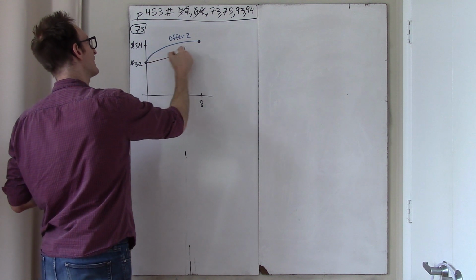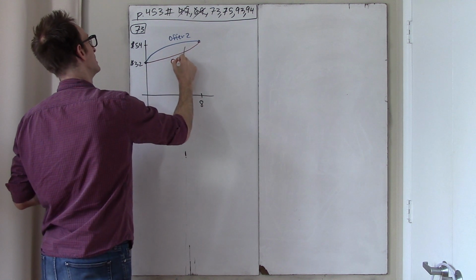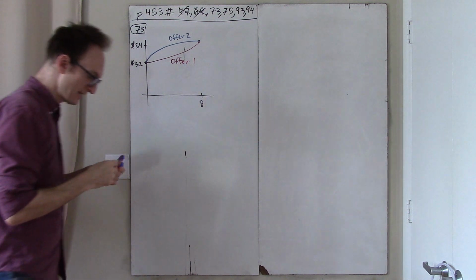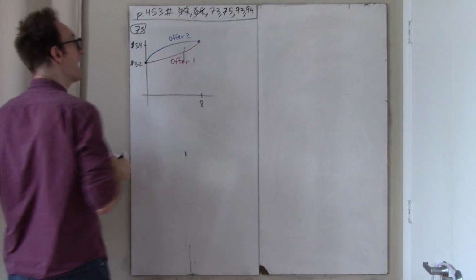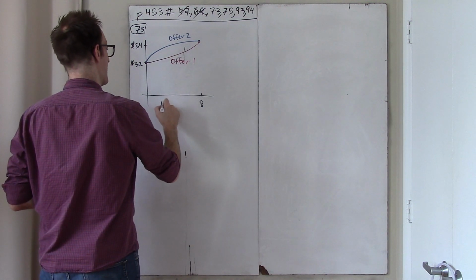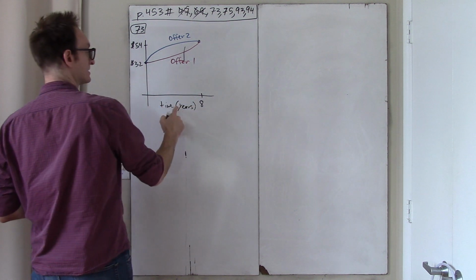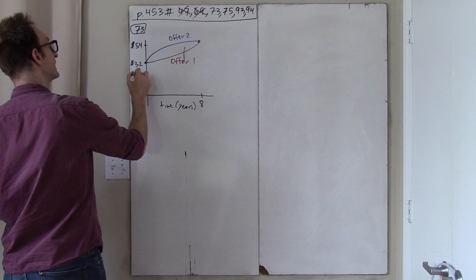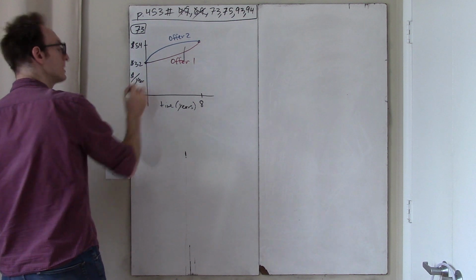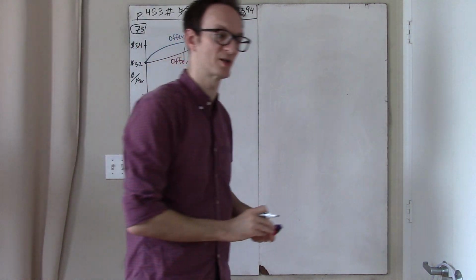And what are we actually looking at? Well, the x-axis is time in years, and the y-axis is salary, in dollars per year. So you could say that it's kind of a rate function, so to speak.